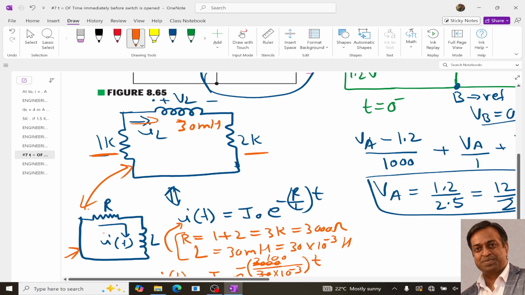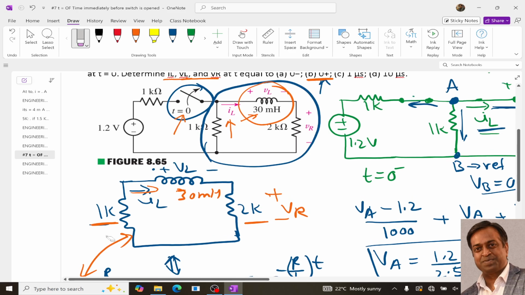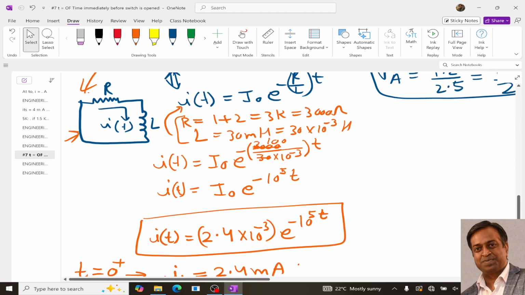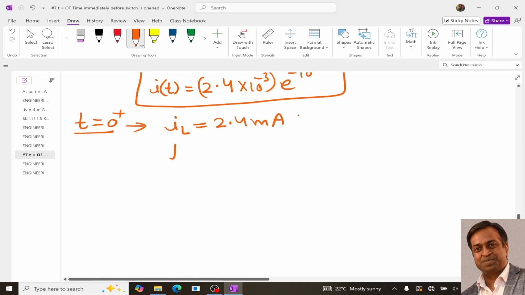Now what will be our VL? Before calculating VL, let us calculate this VR. The same current IL is going to flow through this, so VR will be IL into 2 kilo ohm.